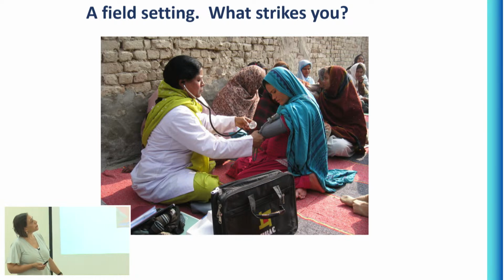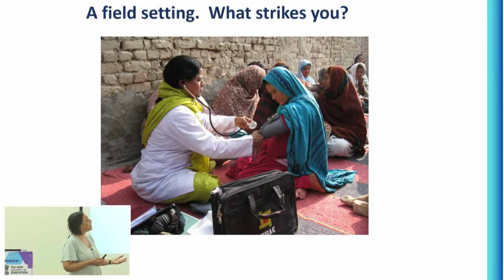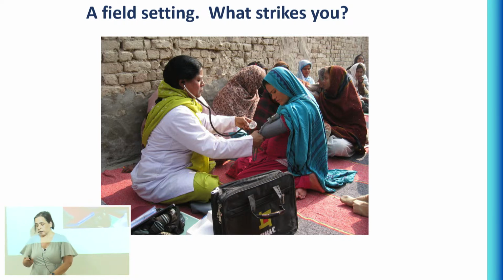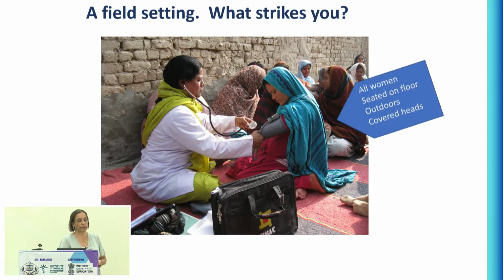Anything else that you notice? Why do you think it's a rural setting? Yeah. They're sitting outside. There's a wall. They seem to be on some carpeting, etc. So let's move into what we notice and what we see. We see that all women are seated on the floor.